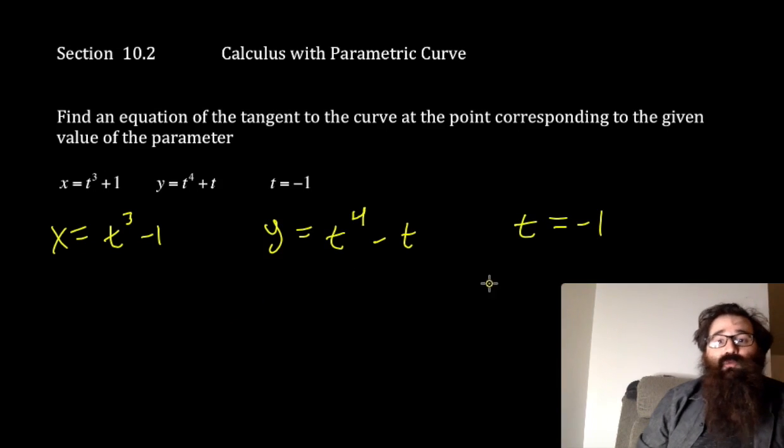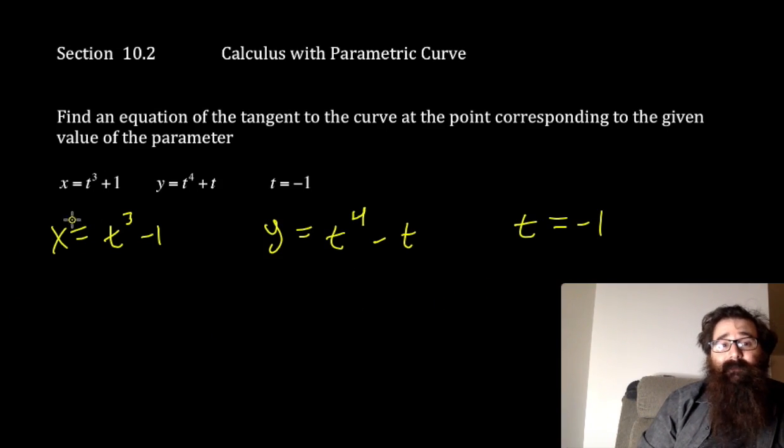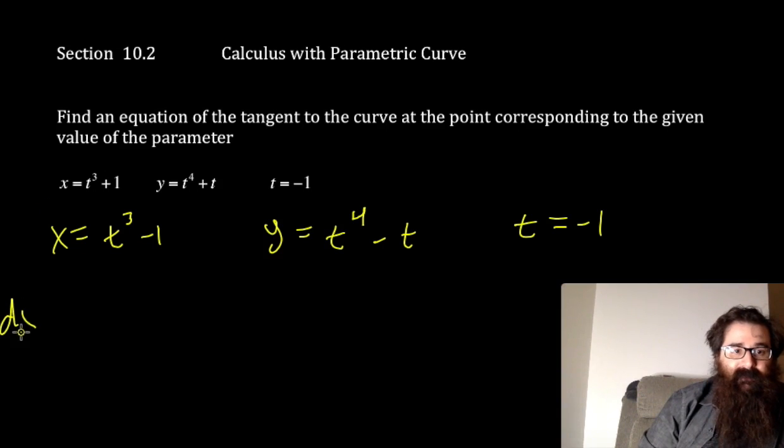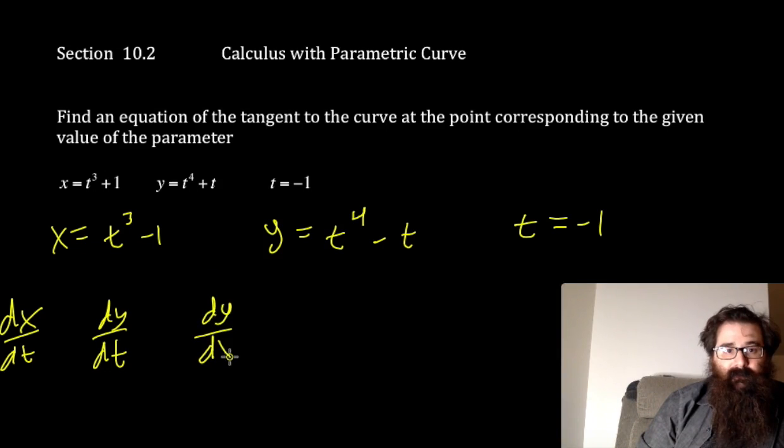Now, finding the derivative with parametric curves, it's interesting. There's something that we probably wouldn't quite feel as intuitive if we didn't see it before. Now that I have x as a function of t and y as a function of t, there are a couple of things I could find very easily. I could find dx/dt, taking the derivative with respect to t. I could also find dy/dt. But what I would like is to find the traditional derivative, the Calc 1 derivative, as it were, dy/dx.